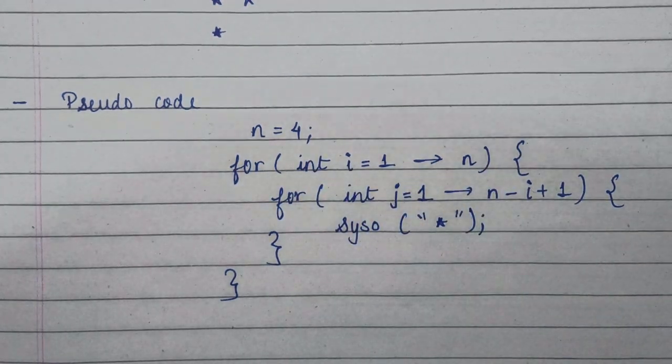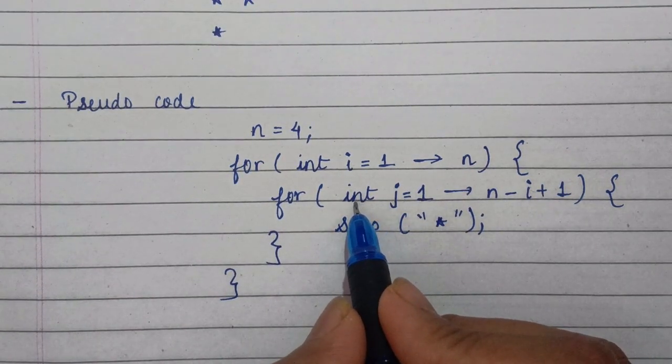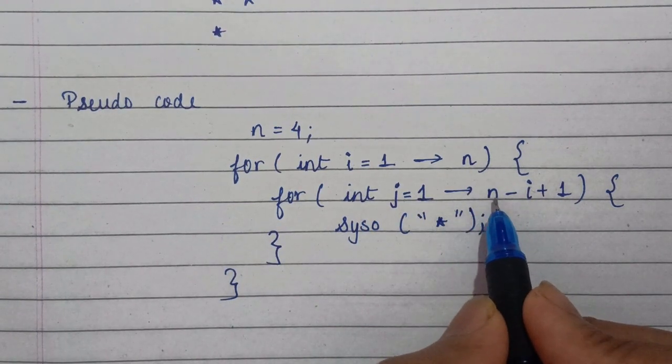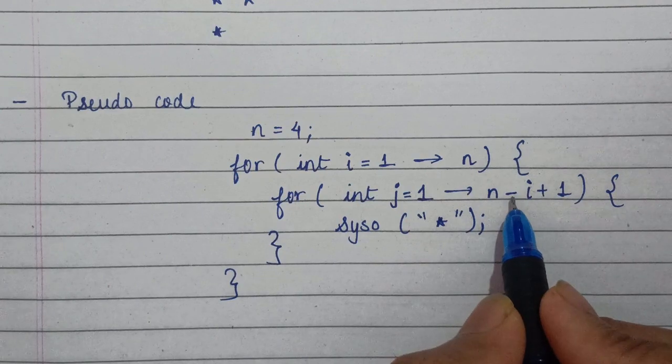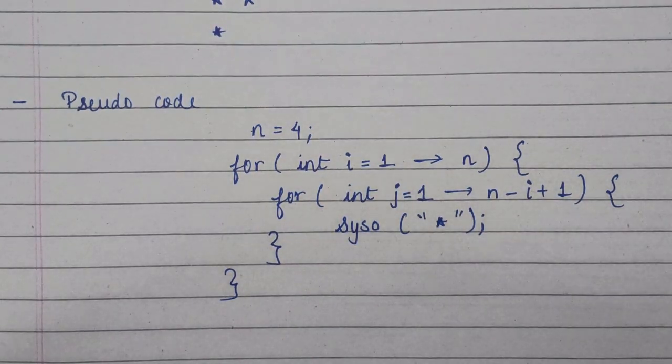Int i is equal to 1, i should be less than or equal to 4, and i plus plus. Okay, and in the inner for loop I added a condition: int j is equal to 1, j should be less than or equal to n minus i plus 1, and printing a star here.